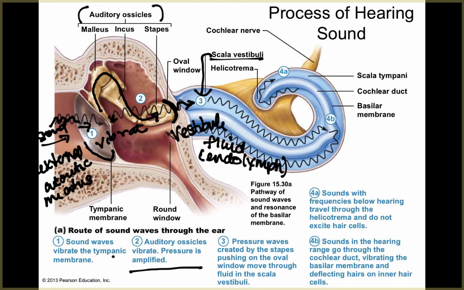And what that's going to do is it's going to travel through here. Uh-oh, what did I just do? Right? And basically it's going to travel to the cochlea. Now in here, if you remember seeing the video, depending on the frequency, right?